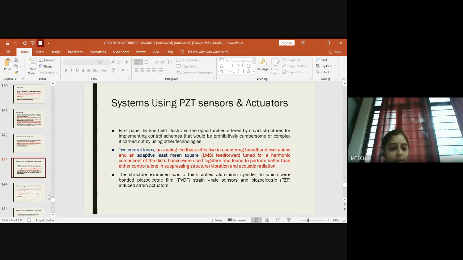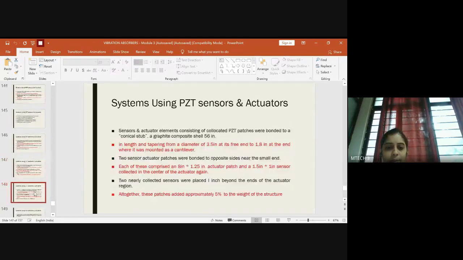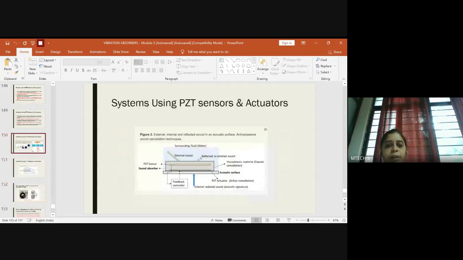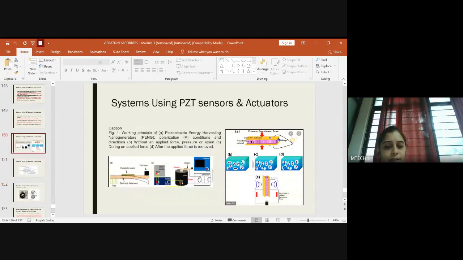So initially, before going into it, there are various PZT sensors and actuators which are being developed. It could be for determining energy harvesting, and similarly for pressure-based sensors.